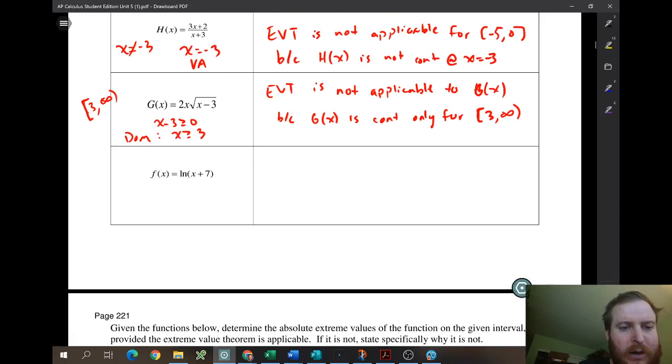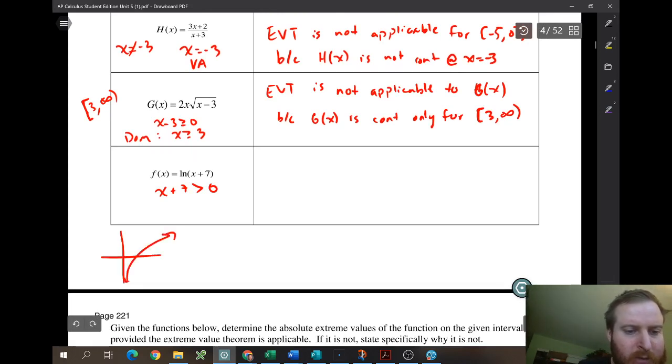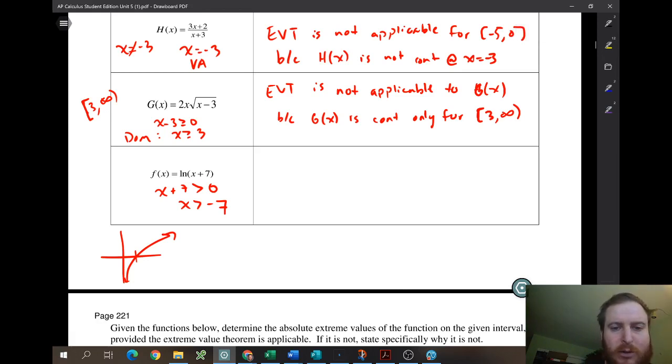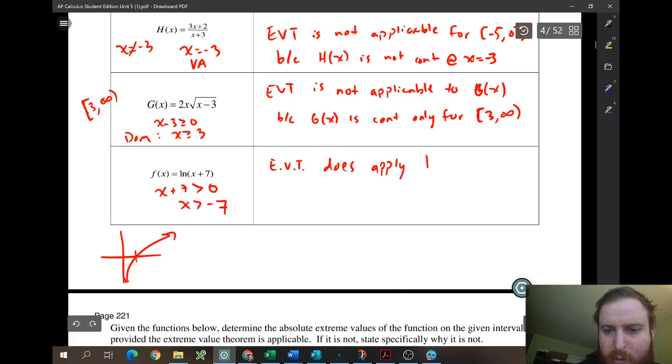Here, with ln, we take the inside of an ln, we set that to be greater than 0, just greater than 0, right? The ln graph looks like this. So it's only when the inside is greater than 0. So here we get x is greater than -7. So anything greater than -7 is part of our domain, right? And so that means it is continuous. So here, extreme value theorem does apply because f of x is continuous over -5 to 0.